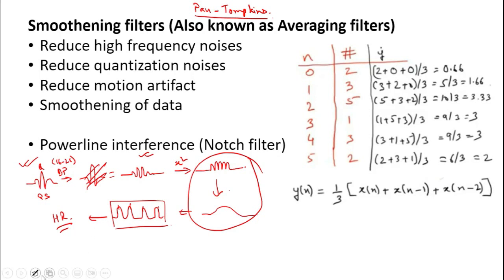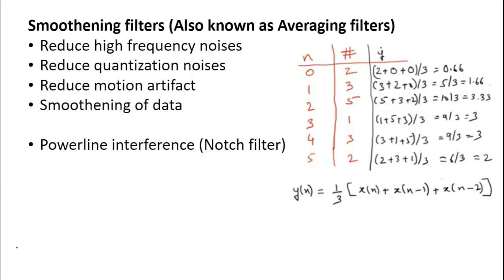Okay. Now lastly, we have power line interference, which is basically been eliminated using the notch filter. Okay. However, if you see the notch filter, what is the nature of the notch filter?